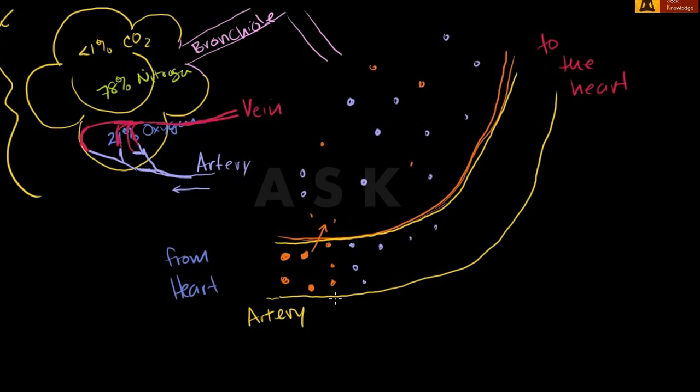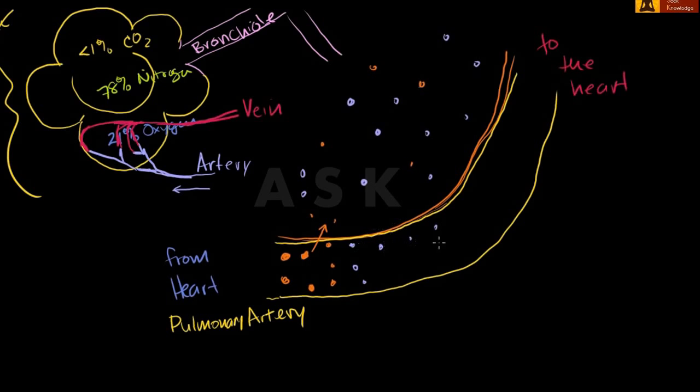A good demarcation is when the carbon dioxide concentration goes low and the oxygen concentration goes high. That's a good time where we start from the pulmonary artery. And probably in the next video, you'll see why the pulmonary arteries are special, because pulmonary arteries coming away from the heart have no oxygen or very little oxygen, and they have a lot of carbon dioxide.